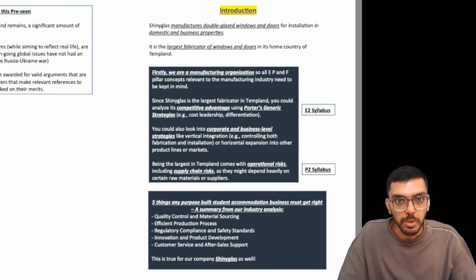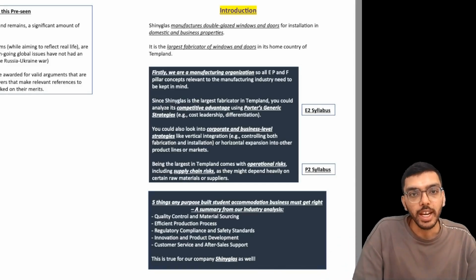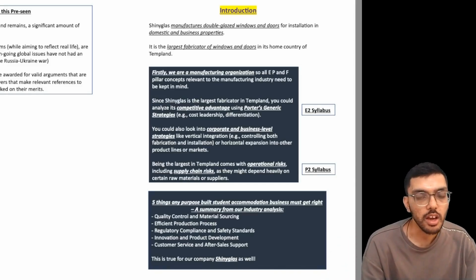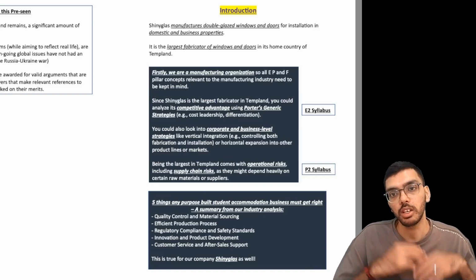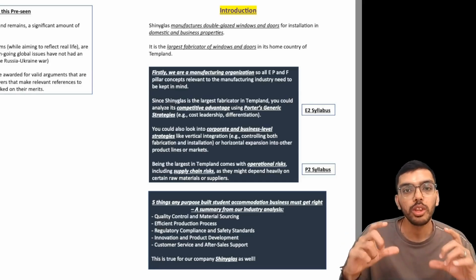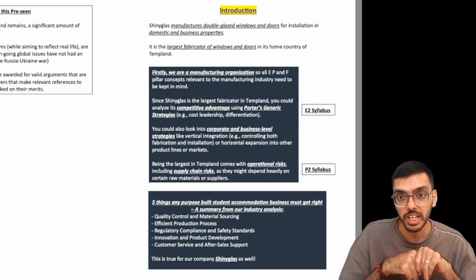Let me just adjust my screen so you can see it. So Shinyglas manufactures double glazed windows and doors for installation in domestic and business properties. We already know the background of this industry because you have done my industry analysis.